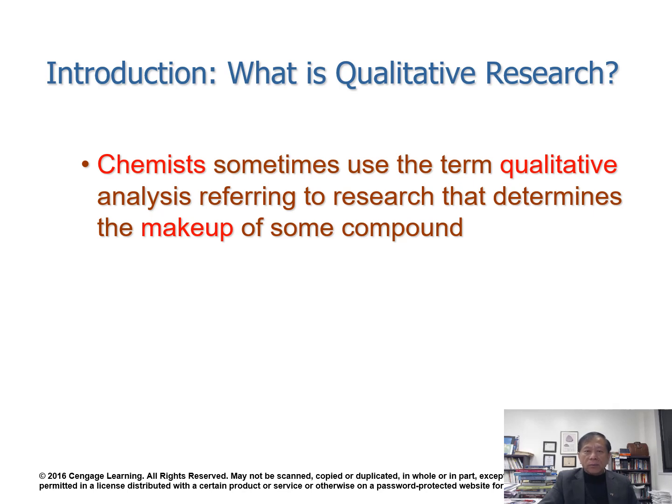Let's say we have a meteorite from the sky, and a chemist or geochemist or cosmochemist, which I once used to be, wants to use qualitative analysis to determine the makeup of the rock or the meteorite.